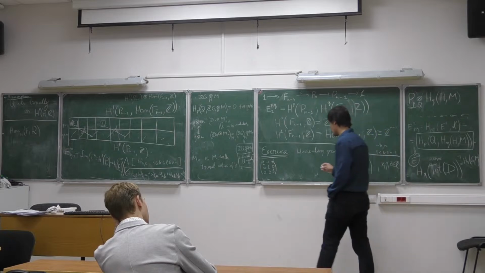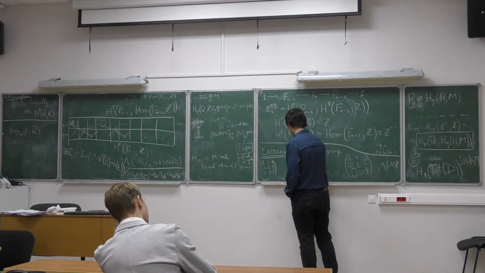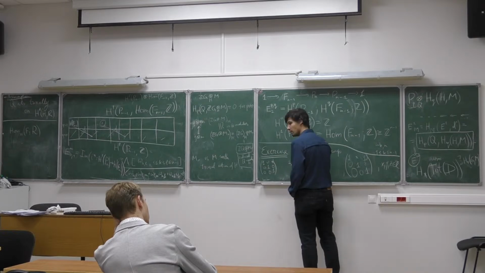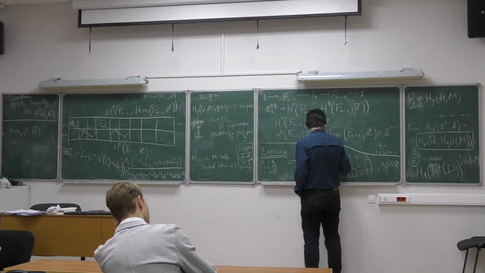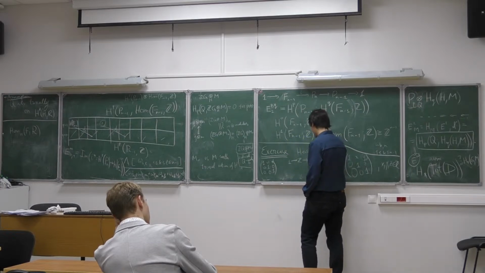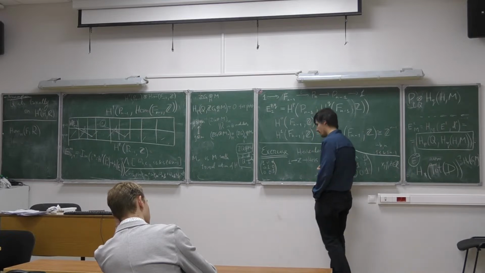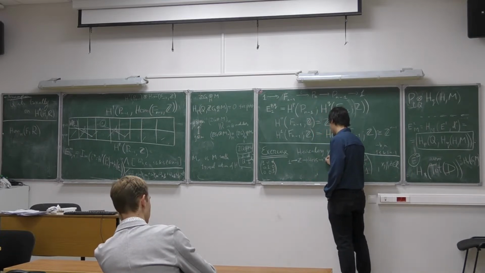So we have a short exact sequence. The kernel is Z, this Z. Then we have this Heisenberg group. And then we have Z squared. The quotient is, of course, Z squared.